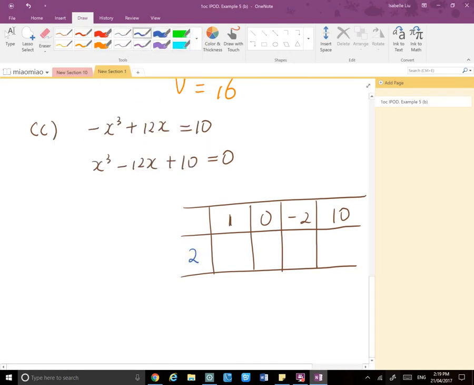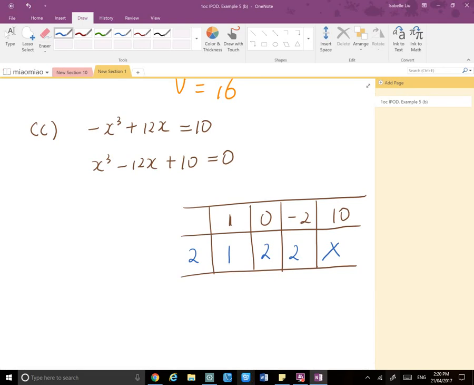I'll try a value 2. No, that's not going to work.